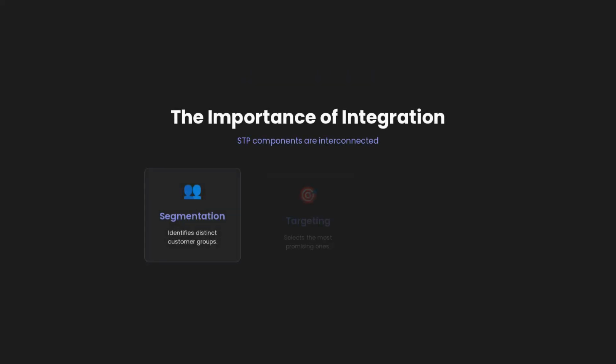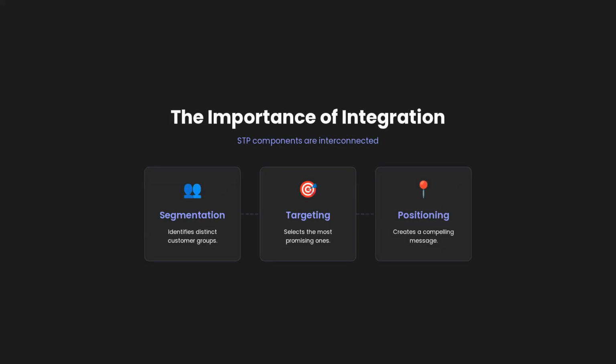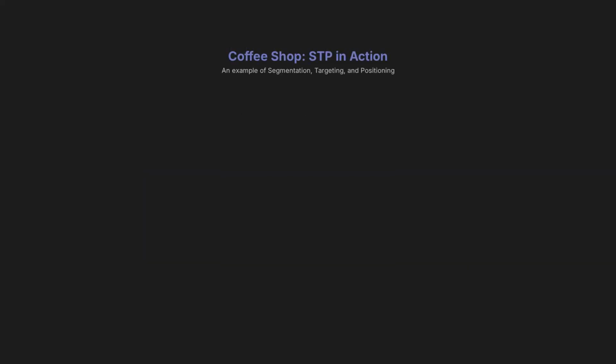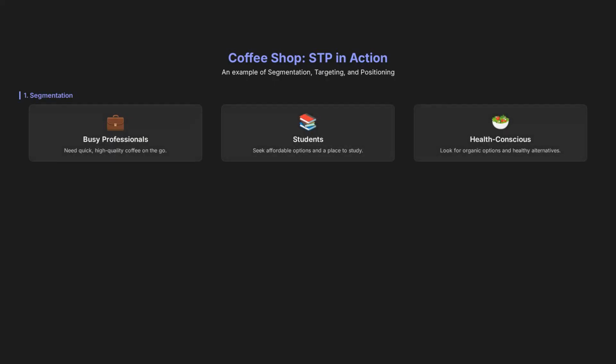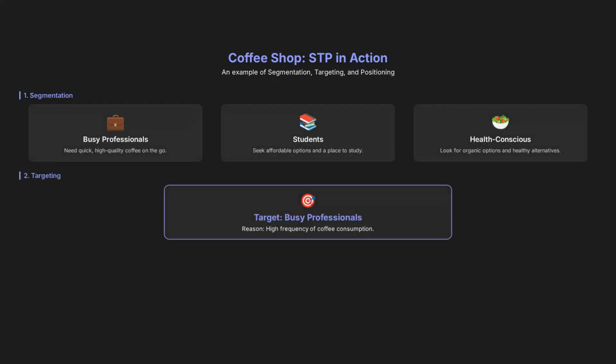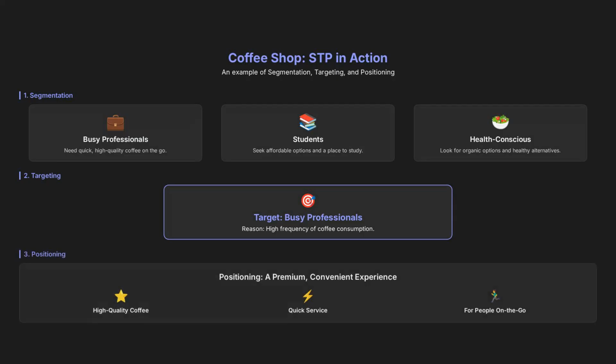Remember, the components of STP analysis are interconnected. Effective segmentation identifies distinct customer groups, targeting selects the most promising ones, and positioning creates a compelling message that resonates with those chosen segments. To illustrate, let's consider a coffee shop chain. It might segment its market by lifestyle and preferences, identifying groups like busy professionals, students, and health-conscious individuals.